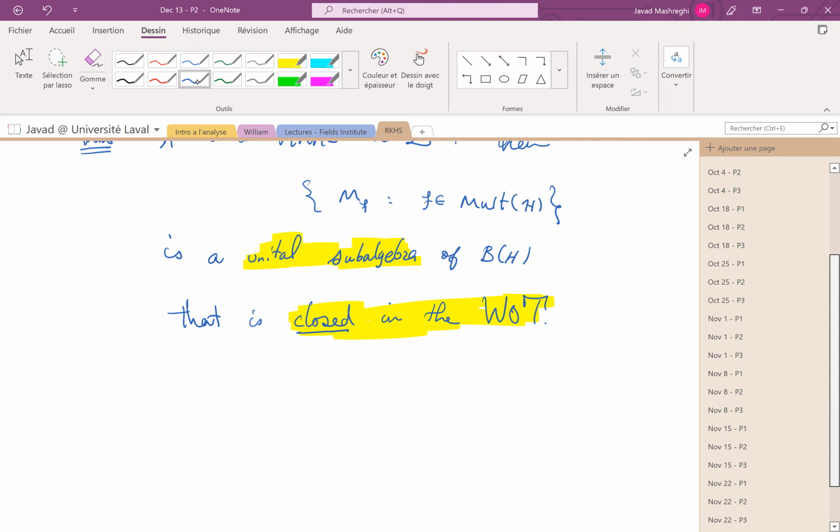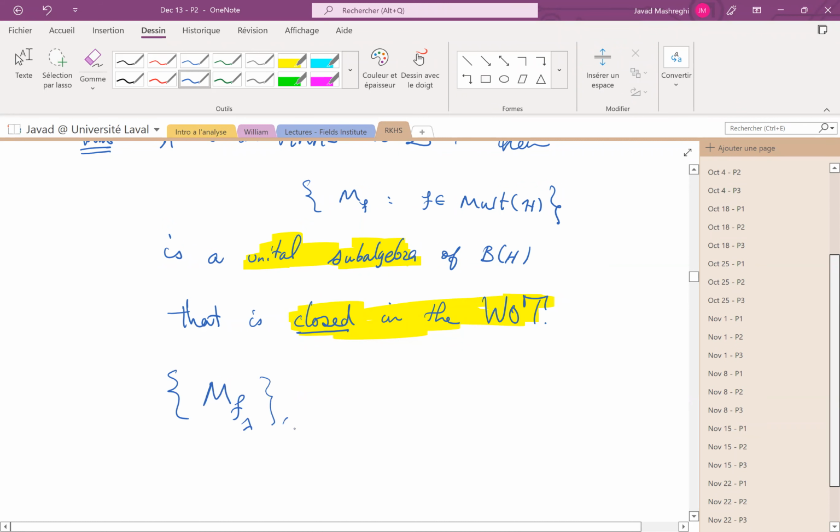The way we do it, to show the closedness, we consider M_f_lambda, not necessarily a sequence, it's generally a net of multipliers.